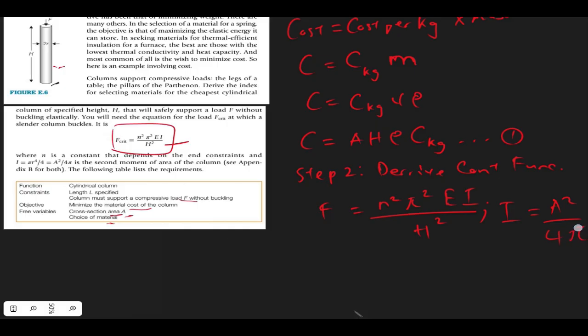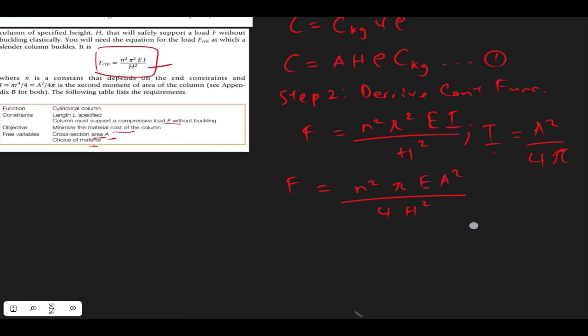So we have to put this I into the equation of F. So F will now be equal to N squared pi, because this pi will now cancel this pi, E times A squared divided by 4h squared. So this is our equation for F.